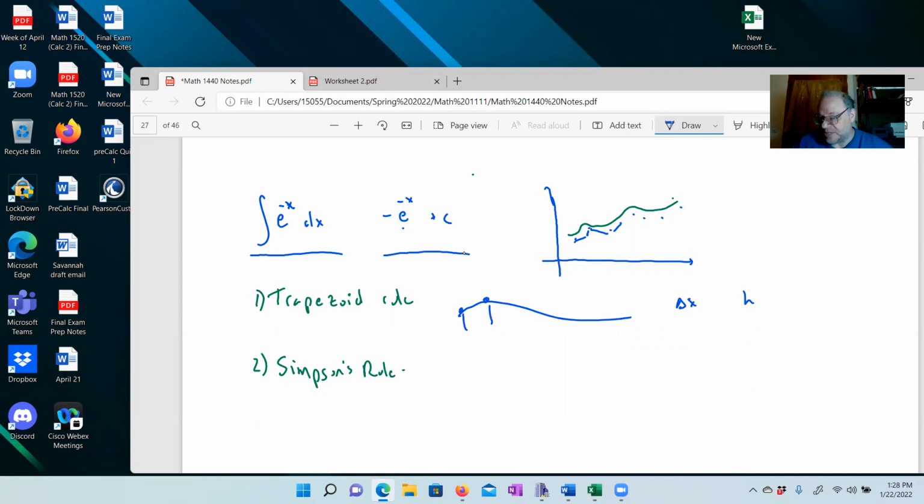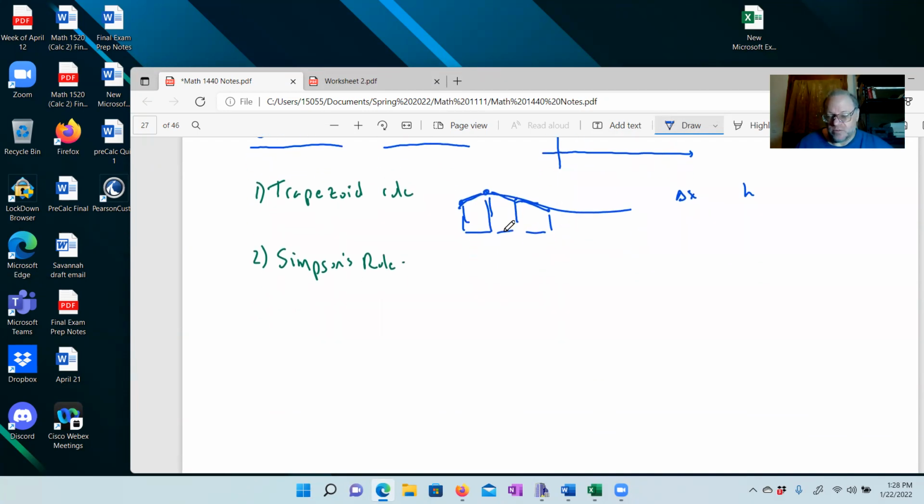Some books will call it h. I think your book calls it h. And all we do is draw a straight line here, get this trapezoid underneath it, and grab those areas. Clearly, the smaller the delta x's, the better approximation you're going to have. Okay, so that's the trapezoid rule.